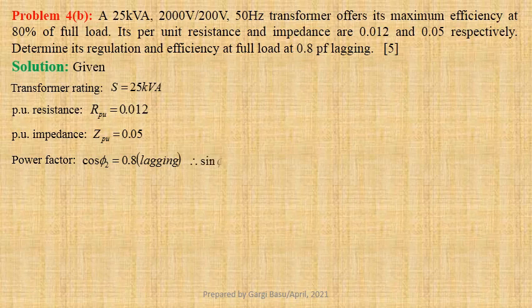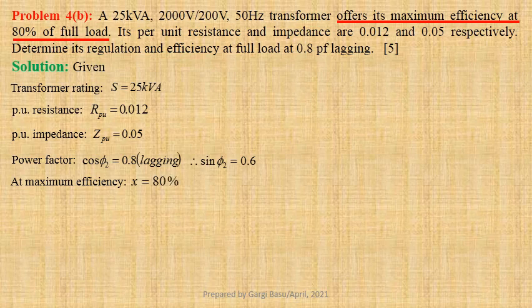Therefore, sin phi 2 equals 0.6. According to the problem statement, this transformer offers its maximum efficiency at 80% of full load. Therefore, we can write at maximum efficiency X equals 80%, that is equal to 0.8.